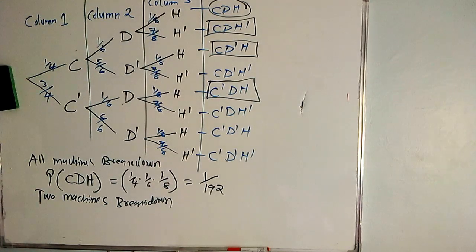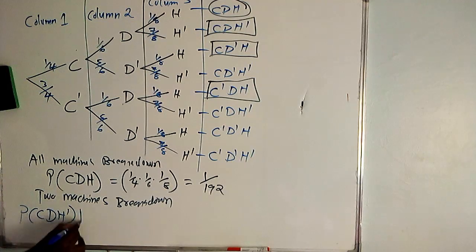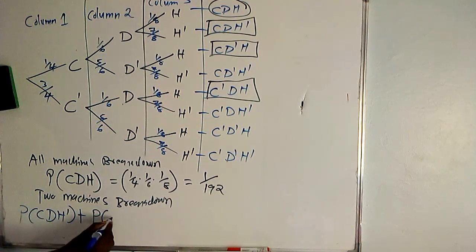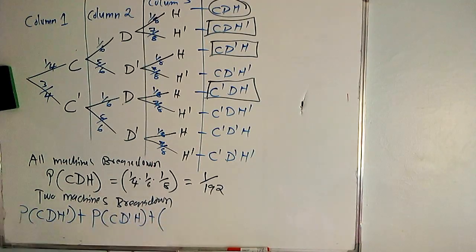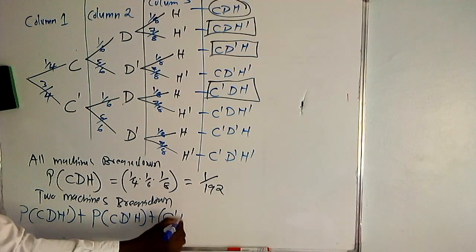Is that okay? So the probability that two machines break down is either the probability of CDH prime, or the addition law of probabilities, isn't it? Or probability of CD prime H or probability of C prime DH.